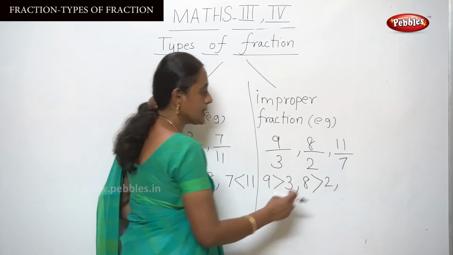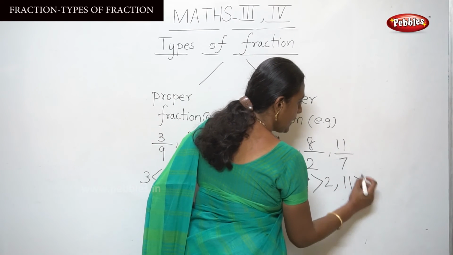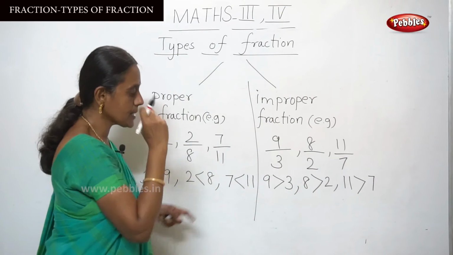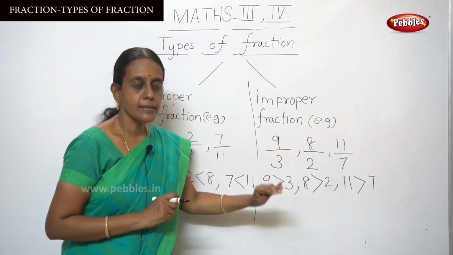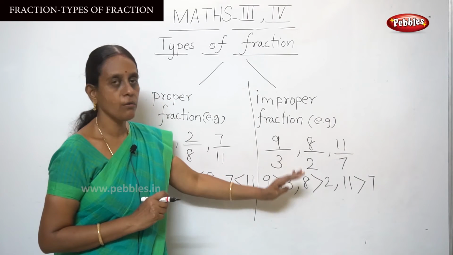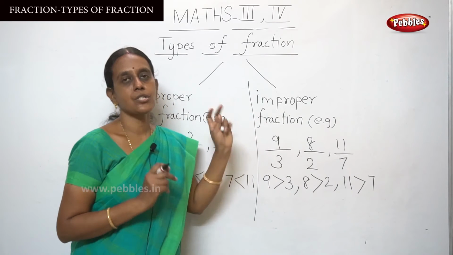And here 11 by 7: 11 is also greater than the denominator 7. All these numerators are greater than the denominator. So this type of fraction is called improper fraction.